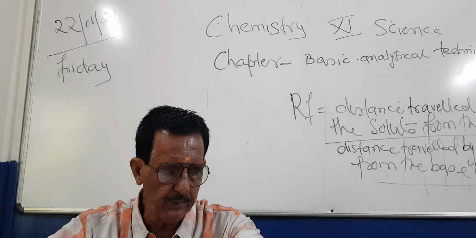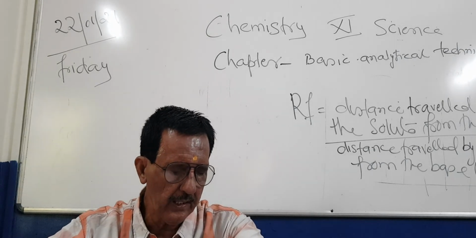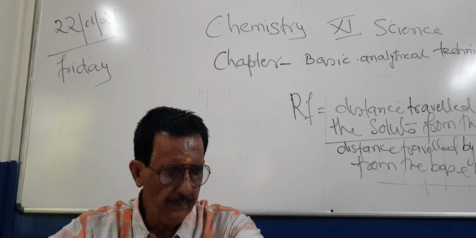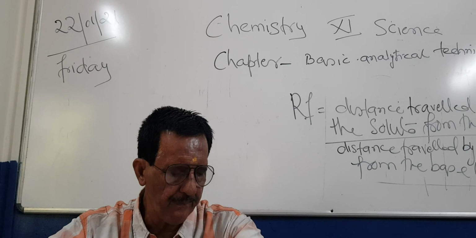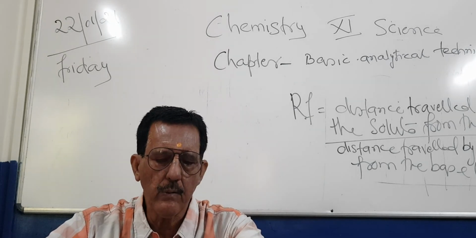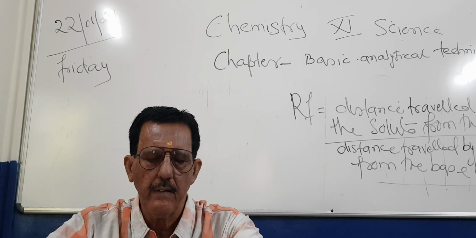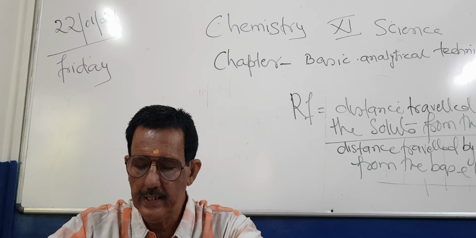Now when the mobile phase moves up and up due to capillary action, it takes different components of the mixture to different heights and there is separation between them. What is the stationary phase? In paper chromatography, it is a strip of paper which is placed in the solvent. The stationary phase remains fixed in the column.